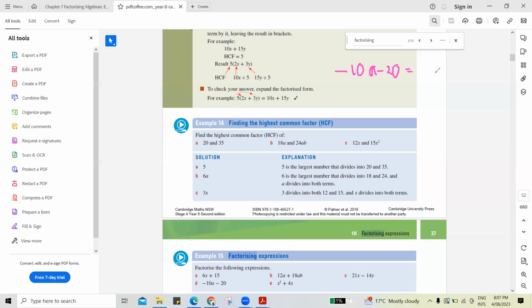Yeah, good job. 10, and then 20 is 10, right? And what is left? 10a, take a, 20. Then you can take the minus mark also. Here minus common, then minus 10, right? And this one times a, 10a.